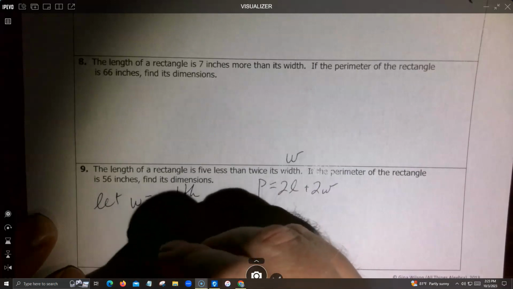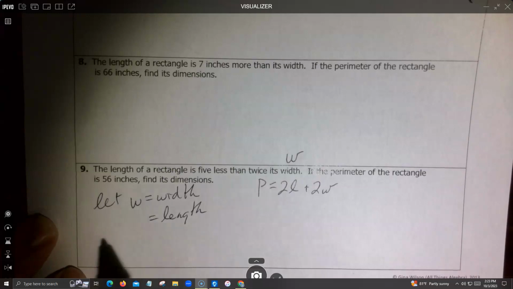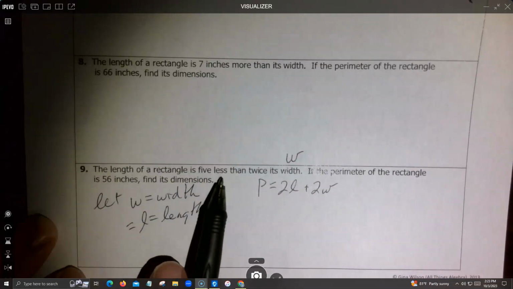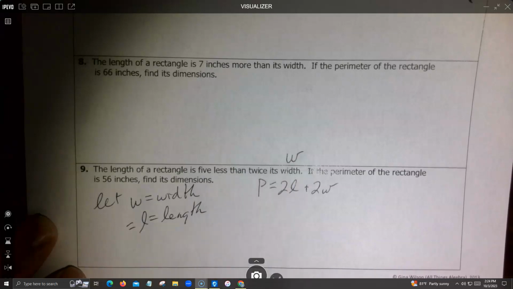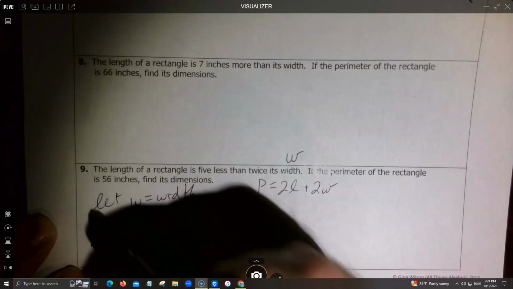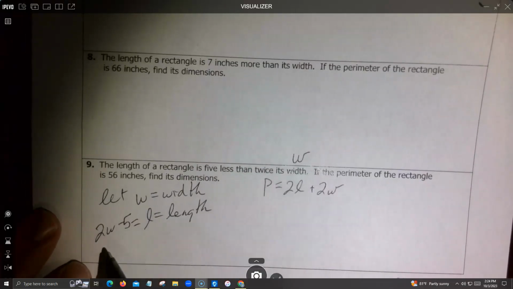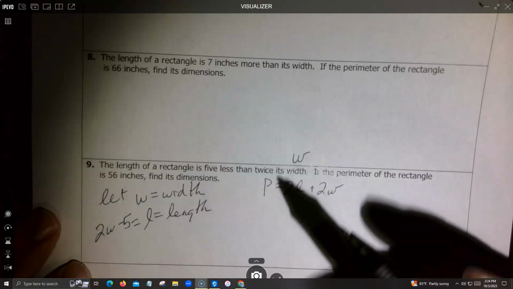And so our length is going to be L, which we're going to make 5 less than twice its width. This is again one of those turnaround phrases. 5 less than twice its width. So twice its width minus 5. We have to do 5 less than 2w. Okay, and then we're going to plug in this formula.